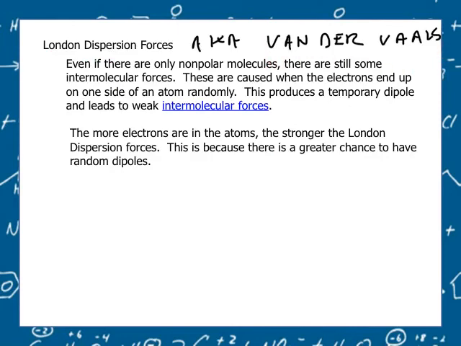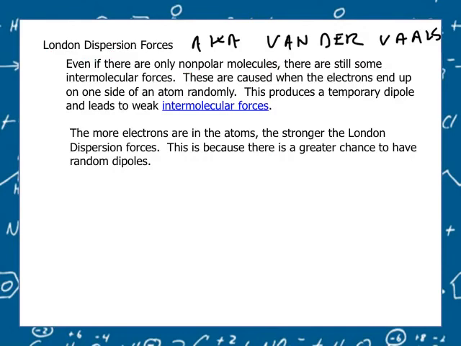So, also known as van der Waals interactions. These are the only thing going for nonpolar molecules. London dispersion forces are always present in any kind of molecules, but they are the only thing that is present in nonpolar molecules.